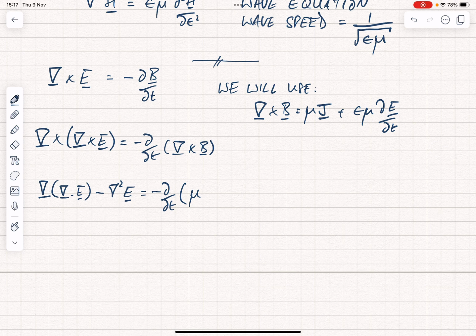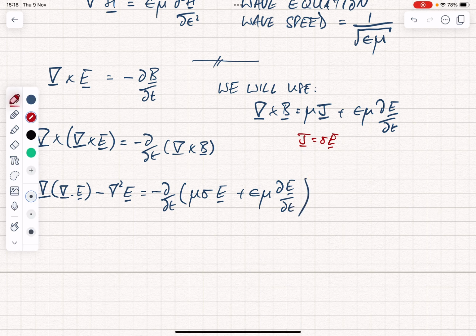Now J, of course, let me just note this up here, J can be written as sigma E, we've already noted. So when I come down here, I'm going to say minus d by dt of mu sigma E, just to save a bit of time, plus epsilon mu dE by dt, and we're nearly there.